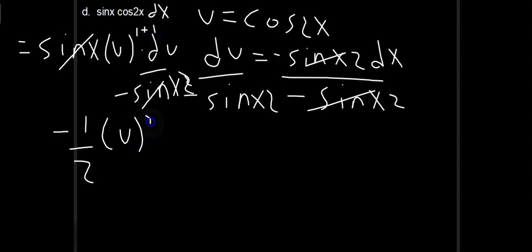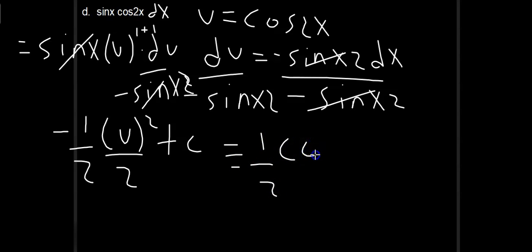So u to the 2, the whole over 2, plus c. Now I can write cos 2x instead of u, and I'm going to say minus 1 over 2, the whole, my u value is cos 2x, and then to the power of 2, the whole over 4.